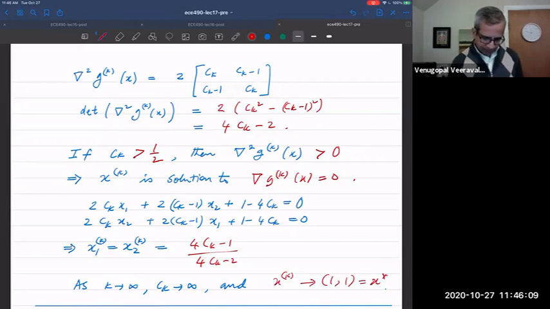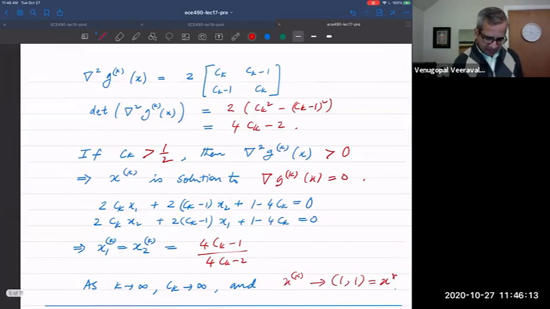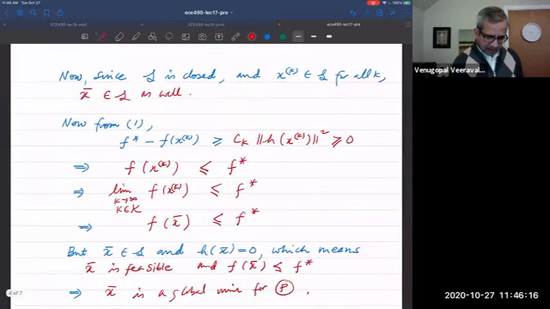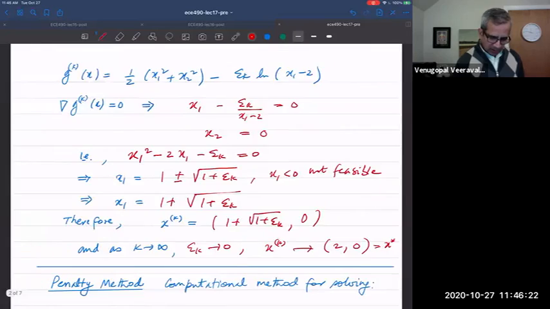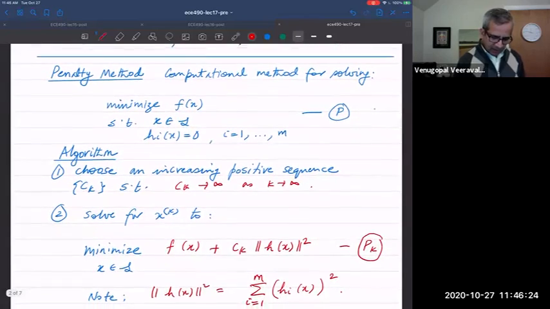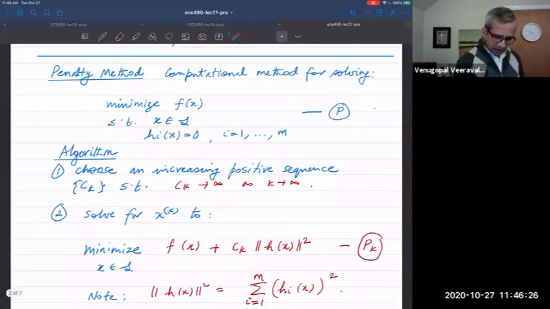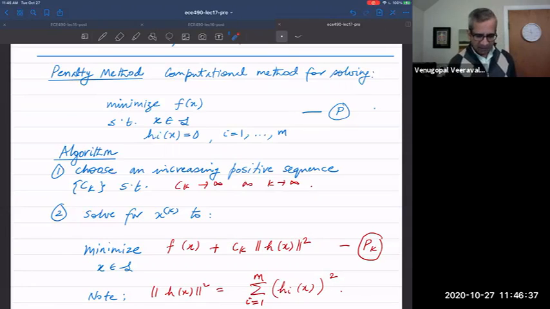Okay. One comment I want to make before we take a break is that it turns out that in some examples, this kind of penalty function, just taking c_k times h squared, can lead to ill-conditioned problems, especially if you have linear constraints, and we'll actually do an example of that a little bit later.